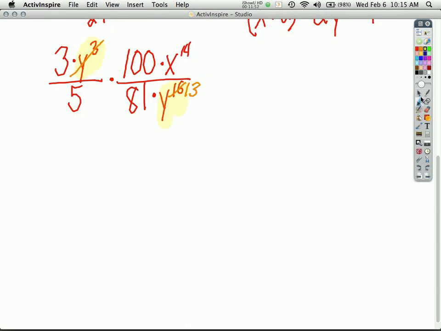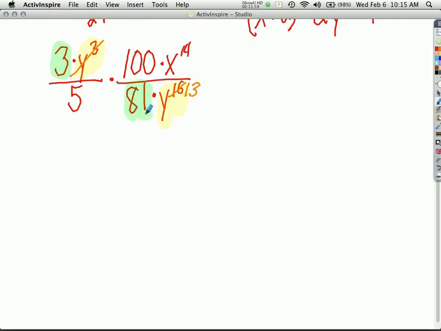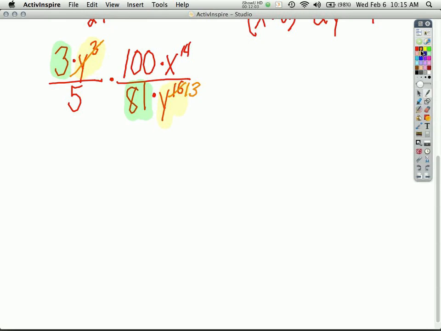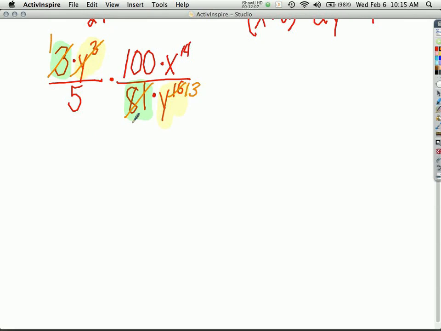Here was where some of you got tripped up. You should have seen this 3 and this 81 and realized that they had a common factor. And you should have said to yourself, oh, well, 3 divided by 3 is 1, 81 divided by 3 is 27.